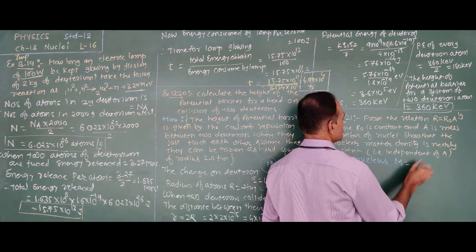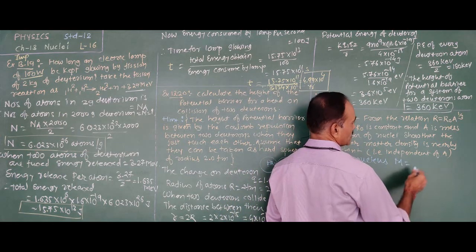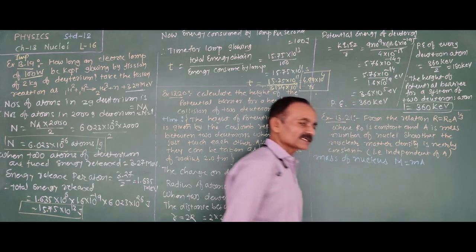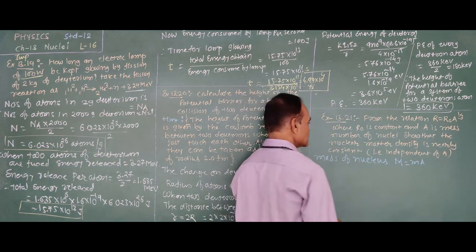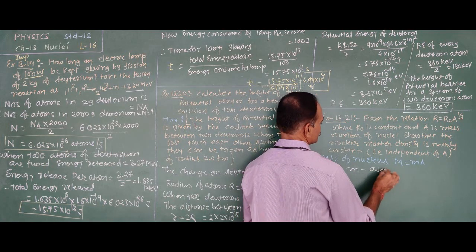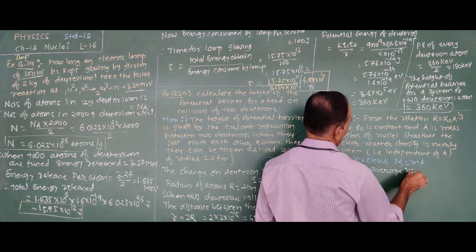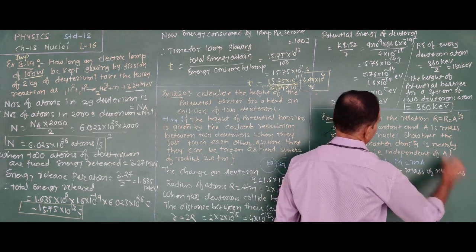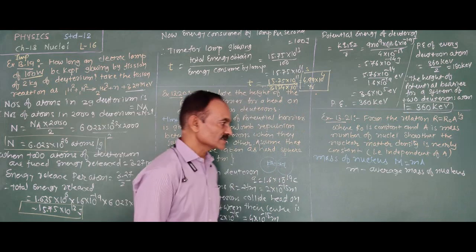the mass of the nucleus, capital M, is equal to the average mass of a nucleus into the atomic mass number. Here, small m is the average mass of the nucleus.